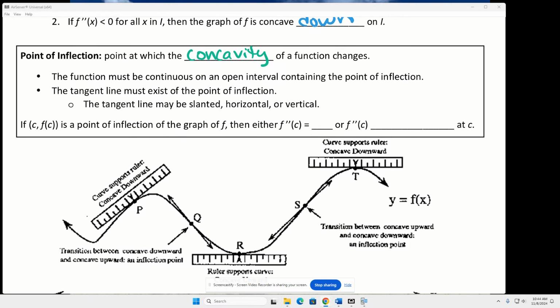Great. So if we have a point of inflection at c, then either the second derivative at c is 0, or the second derivative is undefined. Very similar to a critical number with the first derivative.